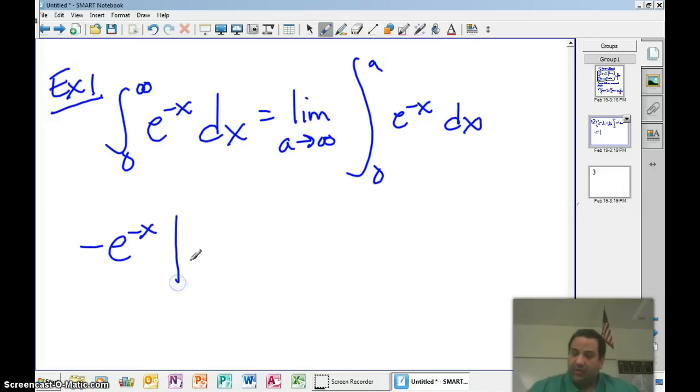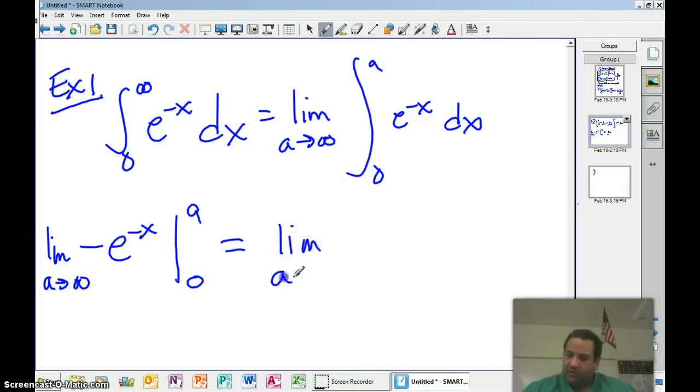Now I'm going to evaluate it at a and 0, and take the limit as a goes to infinity. So this equals the limit as a goes to infinity of negative e to the negative a power plus 1. When I put 0 in, it's minus the negative 1, so it's plus 1.